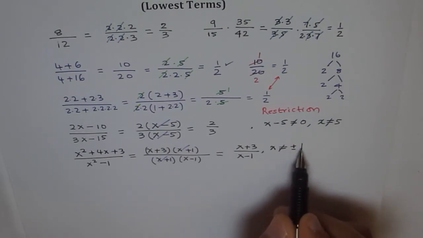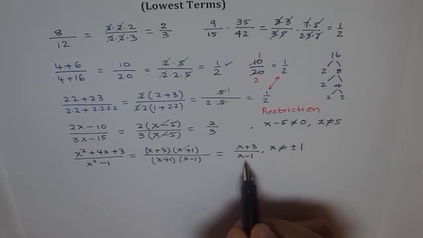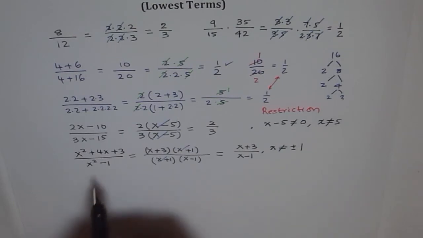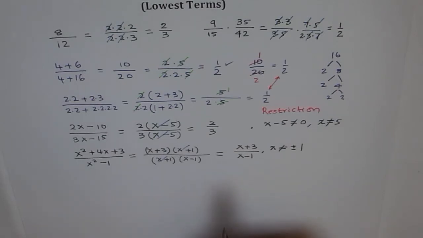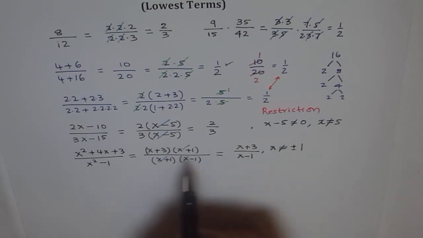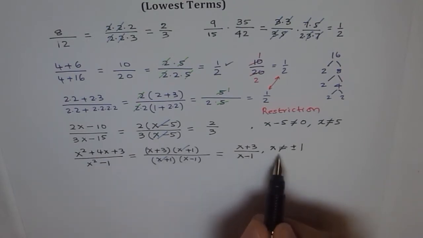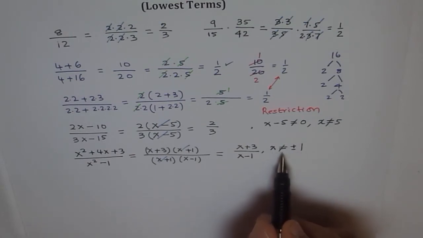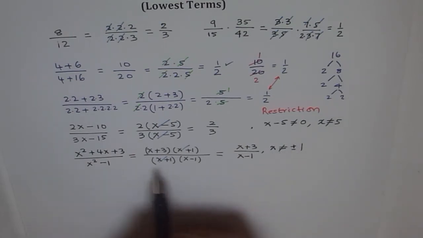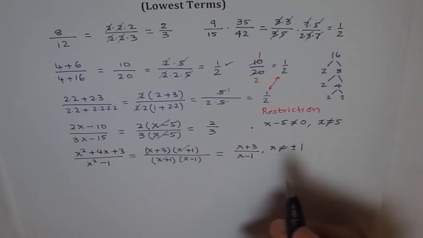If we don't write this, then what is the restriction in this rational expression? x is not equal to plus 1. How about this? x is not equal to plus 1 and minus 1. Do you see that? So that is a huge difference. Do you get my point? That's why they are not exactly the same unless we write this restriction. Once we impose the restriction, we say x is not equal to both plus and minus 1, and their domains are exactly the same. Correct?